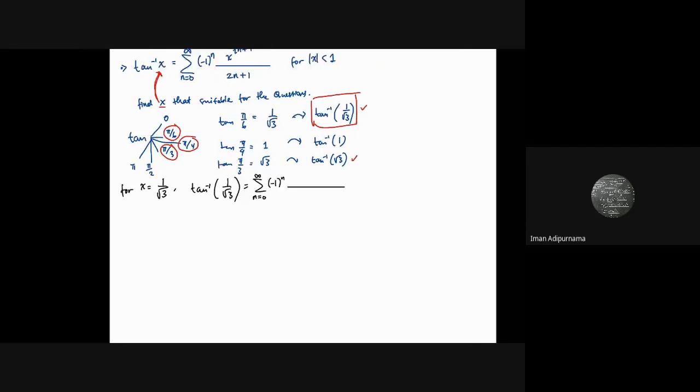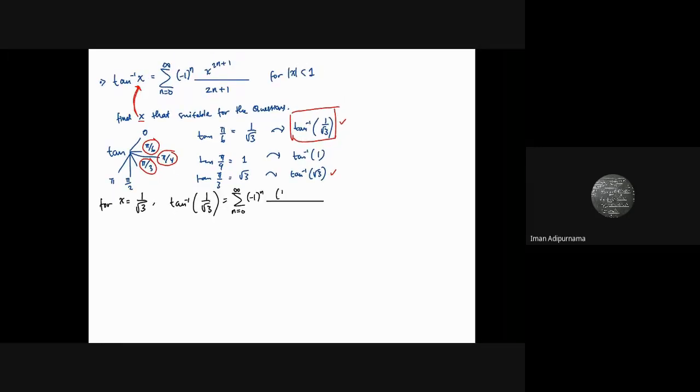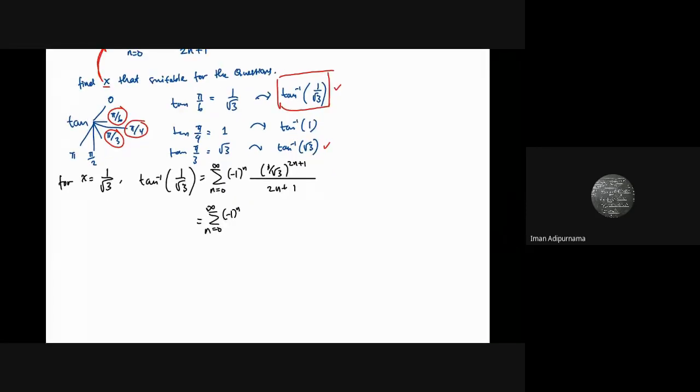Now this is 1 over square root of 3, and then to the power of 2n plus 1, and this is 2n plus 1. Now, step by step, we are trying to simplify the form and see if we can rearrange it and make it into our solutions.